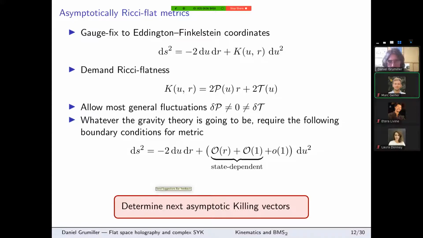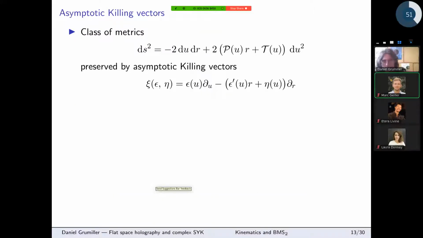Our next task is to determine the asymptotic Killing vectors. Well, this is straightforward. This class of metrics is preserved by asymptotic Killing vectors of this form. It's a good sign that we have infinitely many of them. They're labeled by 2 arbitrary functions, epsilon(u) and eta(u). Epsilon(u) generates the 2D analog of superrotations. If u is compact, say we are on the disk, then this generates Diff(S^1), otherwise just diffeomorphisms of the real line.